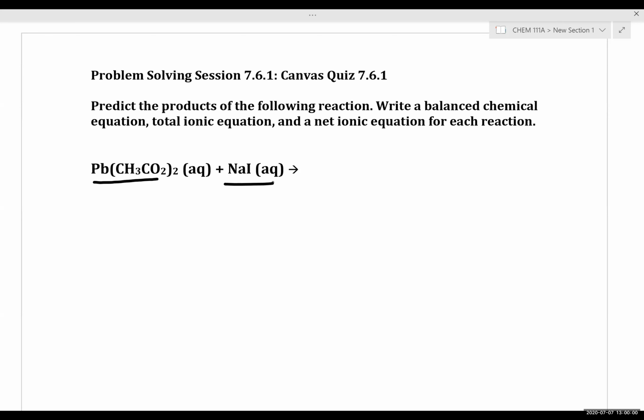And then I'd like you to write the total ionic and net ionic equation. We'll discuss this example in approximately 2 to 3 minutes once we have a reasonable rough outline of our chemical equation.